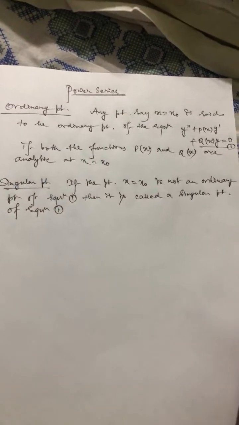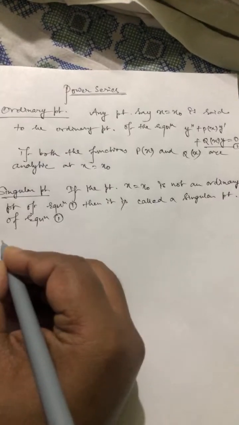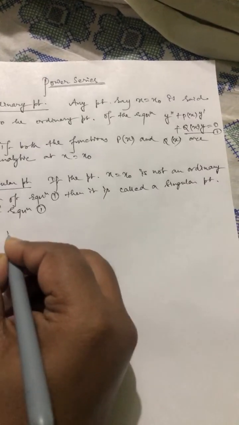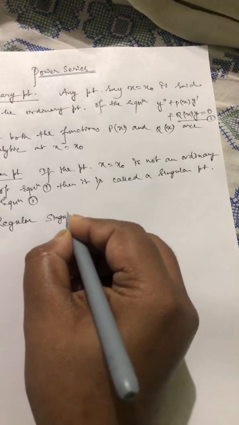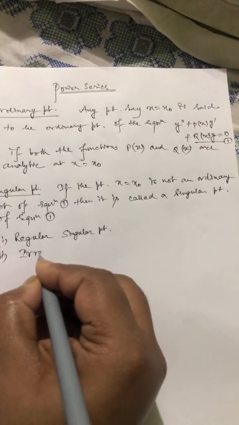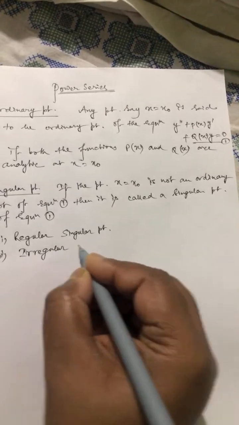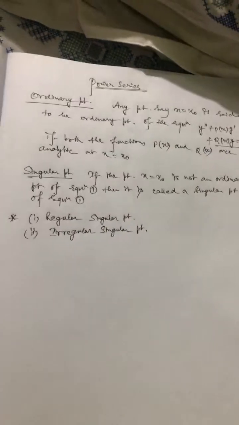Now you can categorize this singular point into two types. First type of singular point is what? Regular singular point. Second type of singular point is termed as irregular singular point.